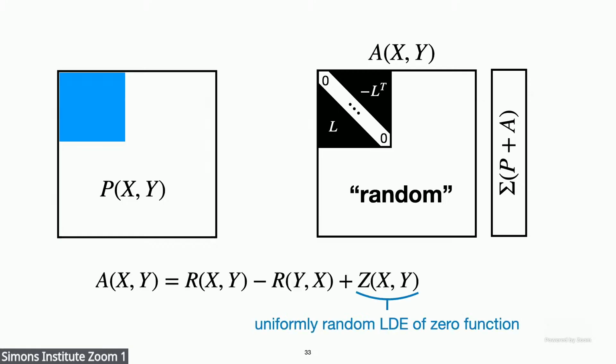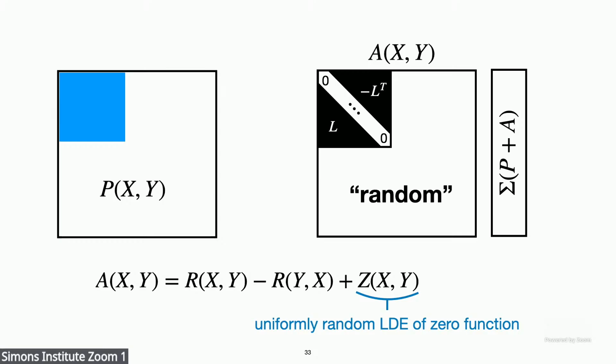What as random as I possibly can means is that I will add to this A, which is like R minus R transpose, a uniformly random low degree extension of the function that is 0 on this part. This will give me as random as possible a function here that is still low degree and is antisymmetric on this top left.